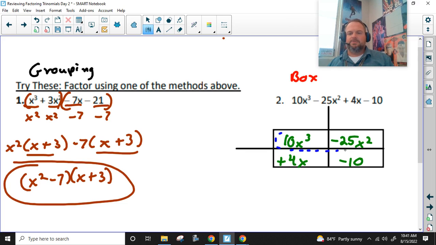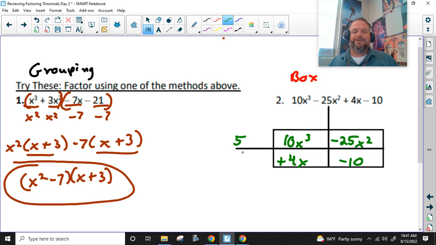I'm looking at this row right here. Okay. What's the biggest number I can divide out of 10 and 25? Yes, it is 5. Okay. What's the smallest exponent between x to the third and x squared? X squared.